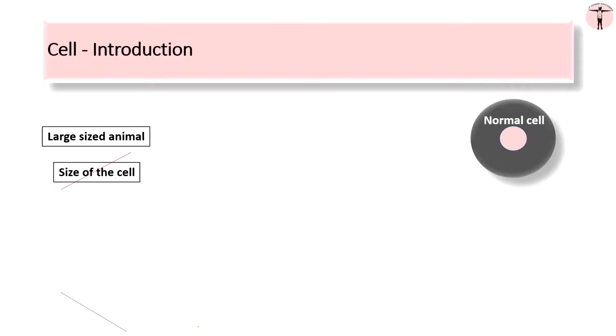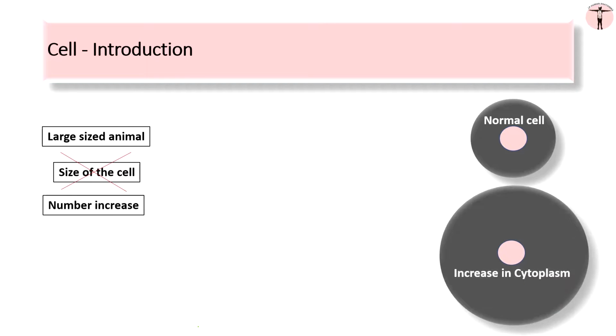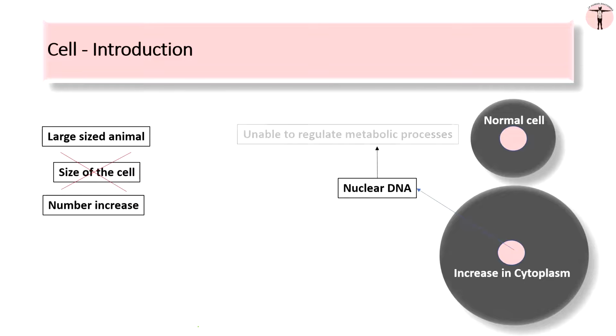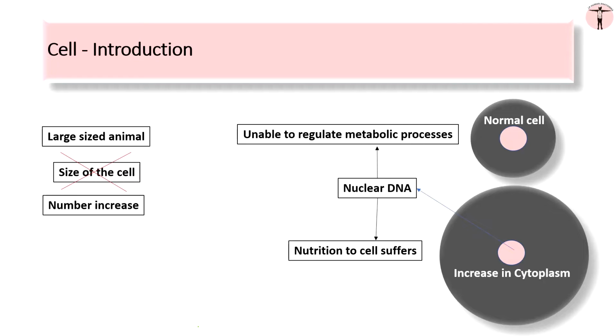In an animal of large size, the size of the cell is not increased but the number increases. Because when the cytoplasm increases in sufficient amount, the nuclear DNA is unable to regulate the metabolic processes of the cell, and at the same time, nutrition of the cell by diffusion suffers from the periphery to the center because of the large distance.